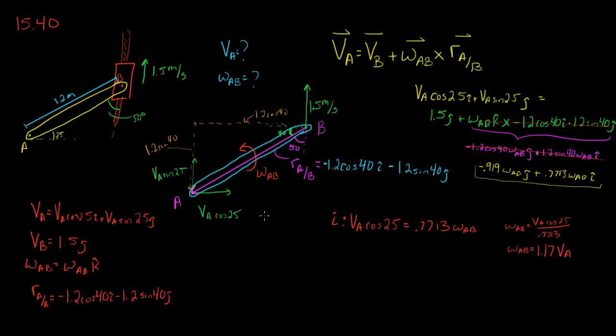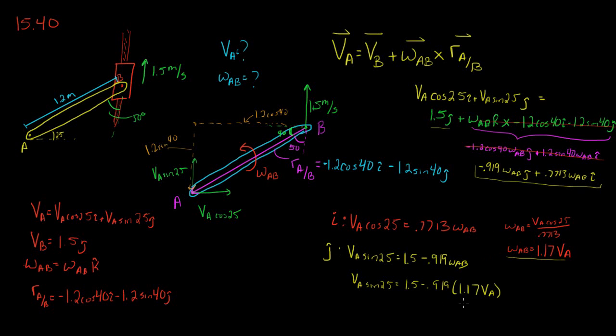Now if we look at our j components, we're going to have VA times the sine of 25 is equal to this 1.5 right here, minus a 0.919 omega AB. We have this expression right here for omega AB, so we have VA times the sine of 25 is equal to 1.5 minus 0.919 times 1.17 VA.